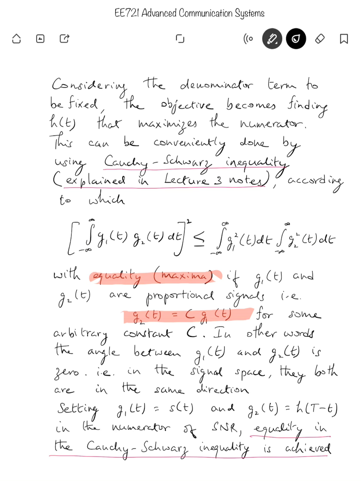That way the numerator would get maximized, and for a fixed denominator the signal to noise ratio gets maximized. So let me highlight what I want to say here. By setting g2 of t as our h of t minus tau in our equation, and g1 of t as the signal itself, we are going to see how we can maximize the signal to noise ratio by achieving the equality in the Cauchy-Schwarz inequality.